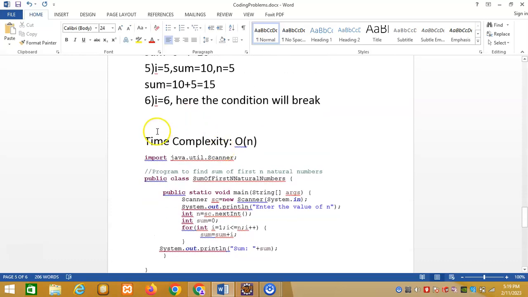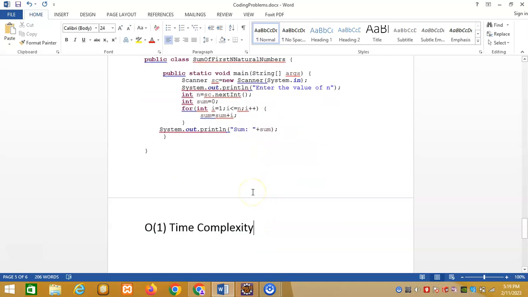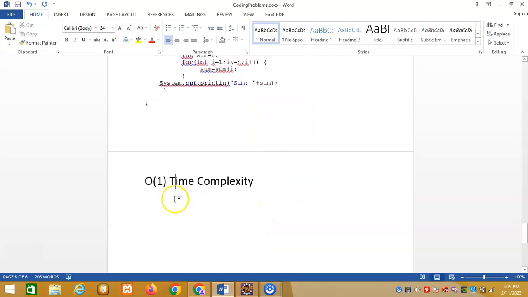As we discussed, the time complexity of the last program was order of n, as to find the sum we are iterating n times. N is the value that we have provided. So let's find the solution for the above problem in order of one time complexity.